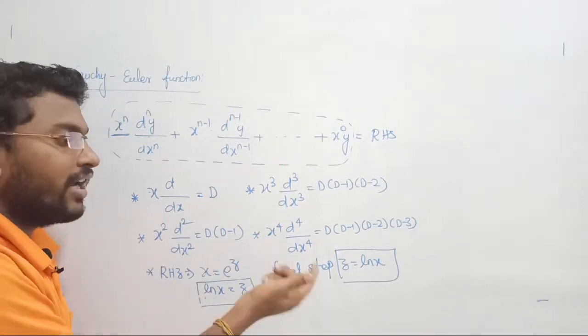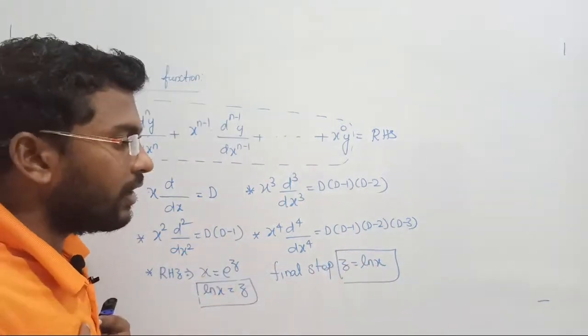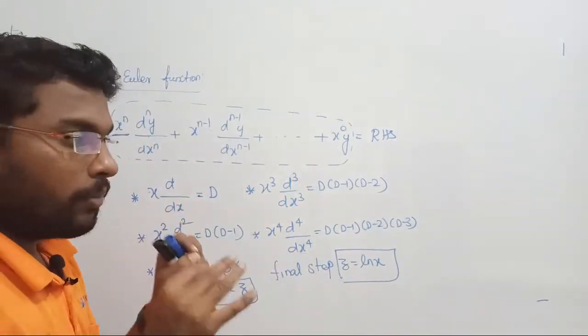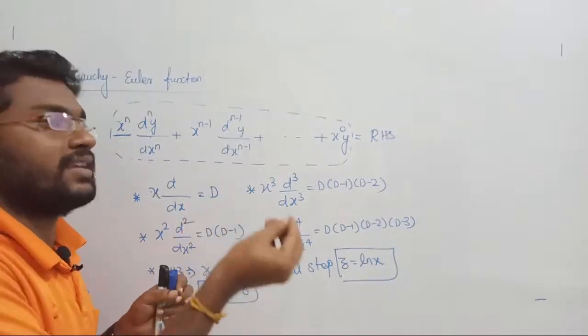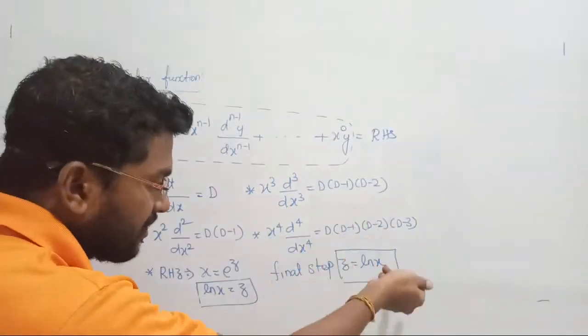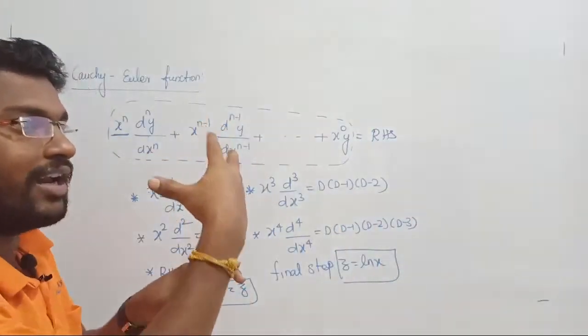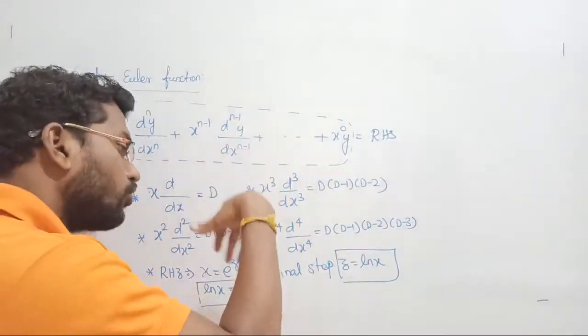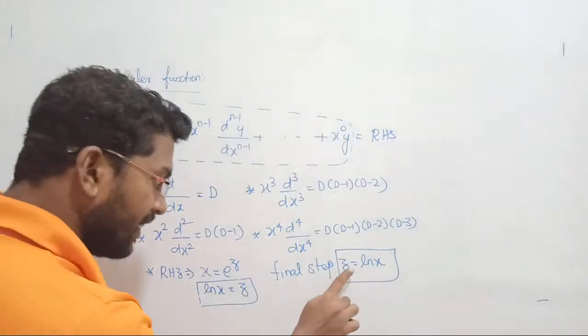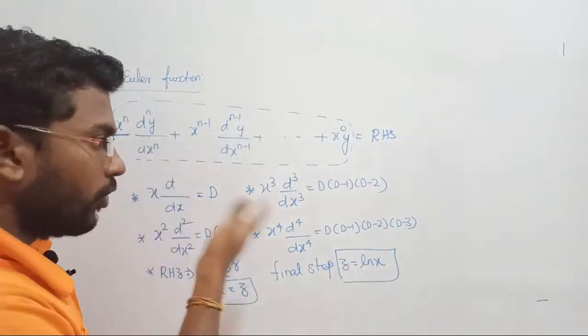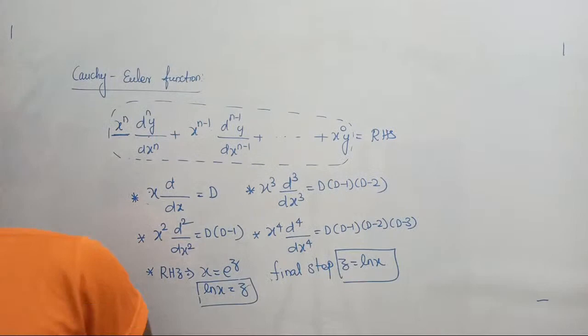Finally, I don't want z. My original independent variable is x only. If x is written as e power z, then z will be written as ln x. In order to get back the original independent variable, we have to take the inverse, that is, z will be replaced by ln x. Clear? Okay. Just keep these things in your mind.